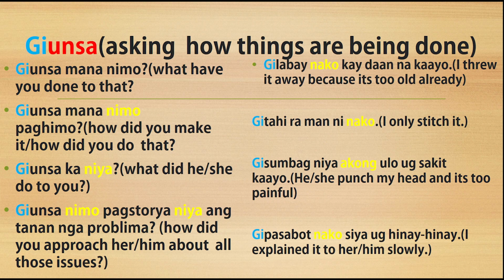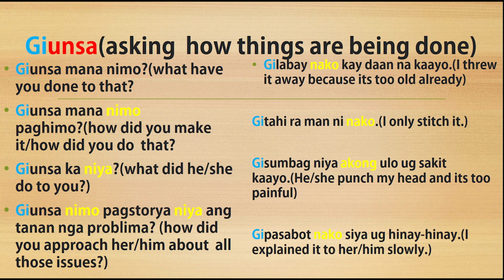I threw it away because the daan is used to describe something old. Daan is the opposite of new in English. Daan, old. But if you are describing a person, you don't use daan, okay?